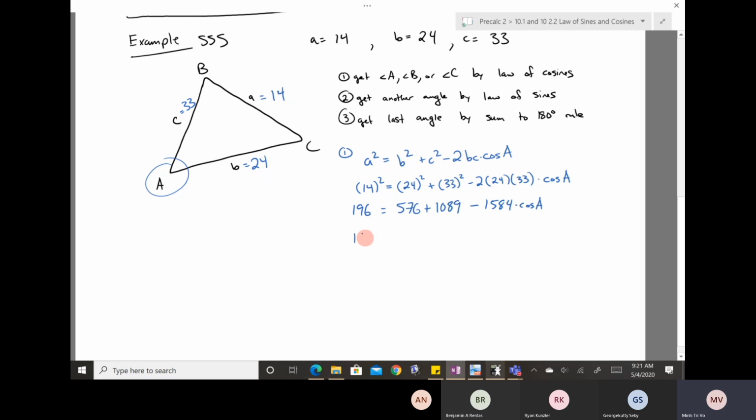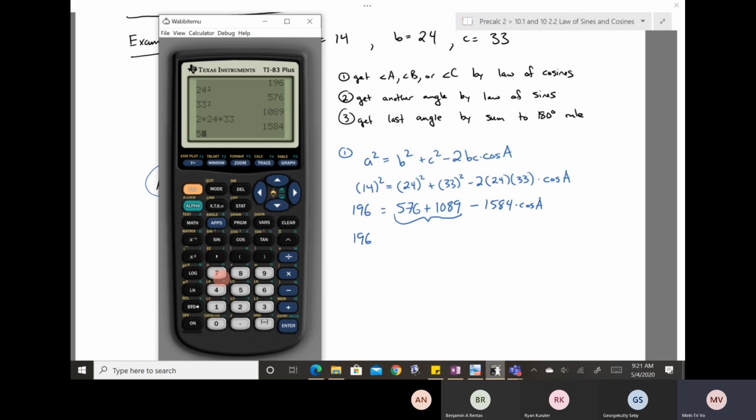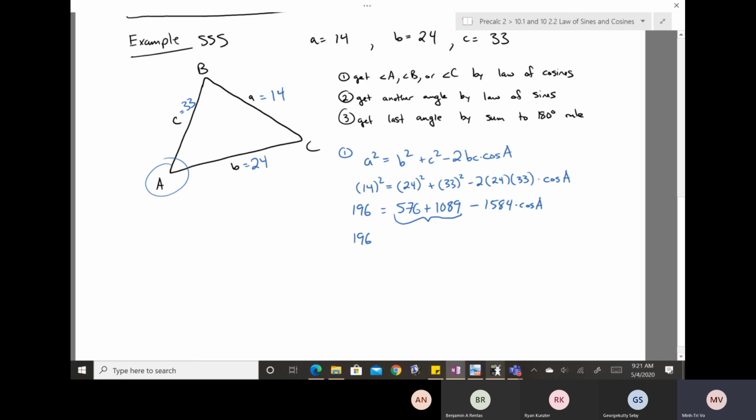So this is where you want to be careful, right? You can combine these two things together because they're just by themselves, but you cannot subtract this, right? Because it's a coefficient for cosine A. So we just add these two things together. 576 plus 1089, what do we got? 1665.